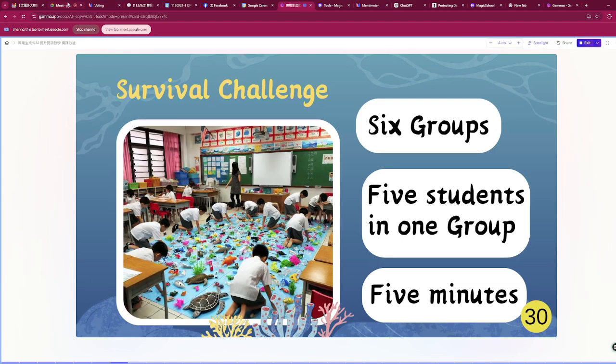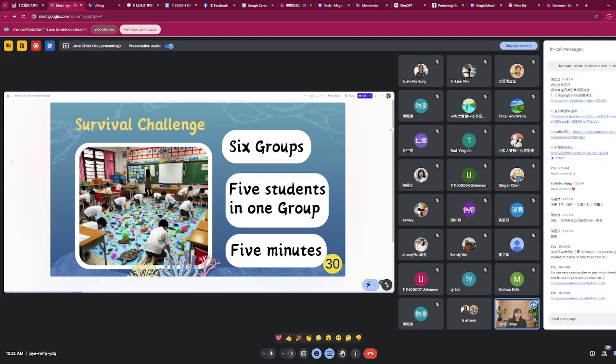In order for us to provide students with hands-on activities, this group of teachers was very brilliant. They wanted to do a survival challenge. When they were planning this lesson, they said they would put students in 6 groups with 5 students in 1 group, and they are going to explore the oceans.